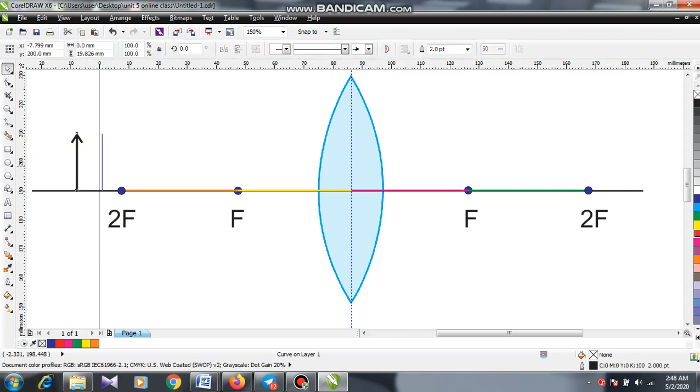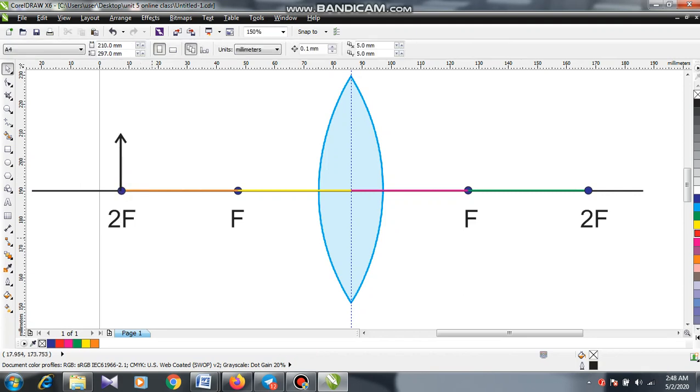If you place the object here, you can place a candle, you can place something, that is not my problem. If you place here, the object distance is twice of the focal length, or 2 times of the focal length.